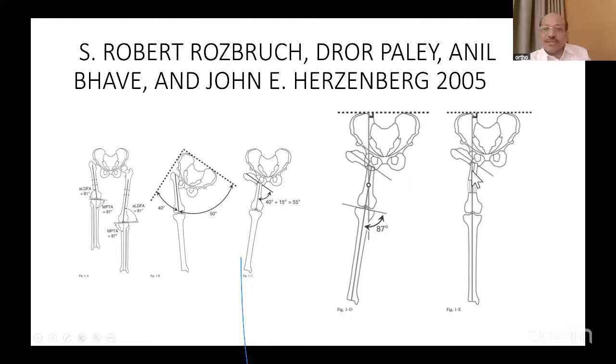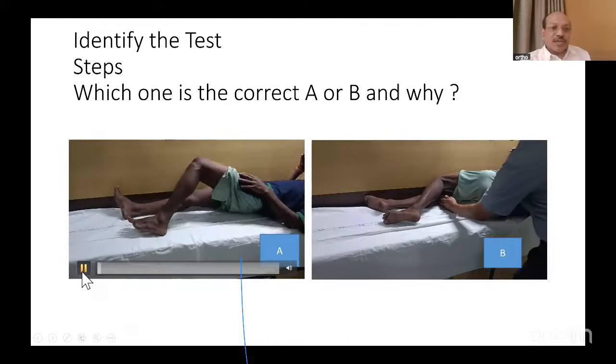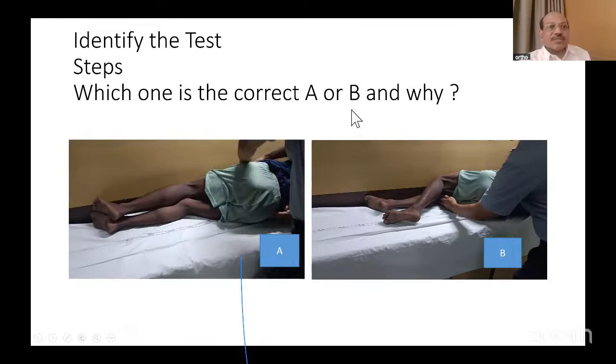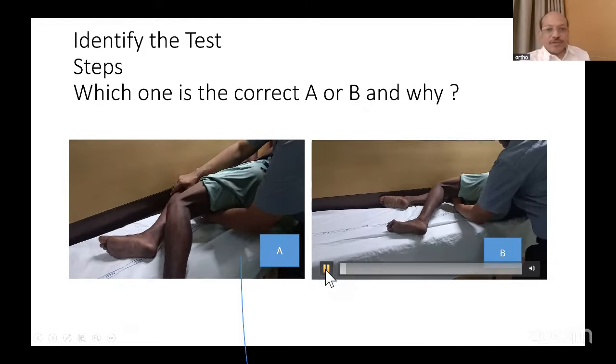At the same time, in the distal osteotomy component, you can lengthen the limb, so that the limb length discrepancy will be corrected. Now see, this is another video you can check. I have the question: identify the test steps, which one is correct, A or B. Check this very carefully.